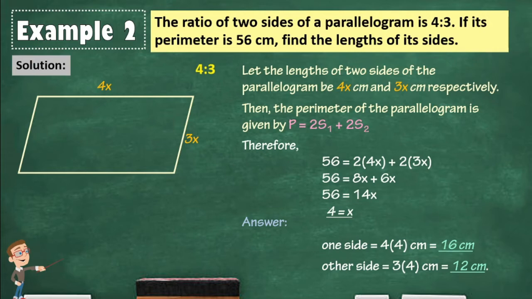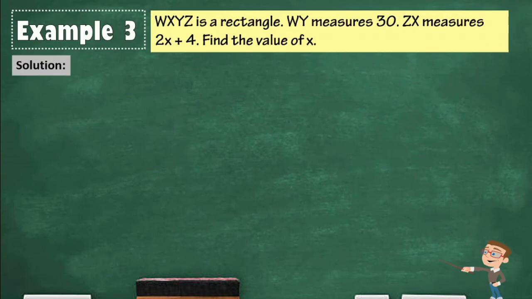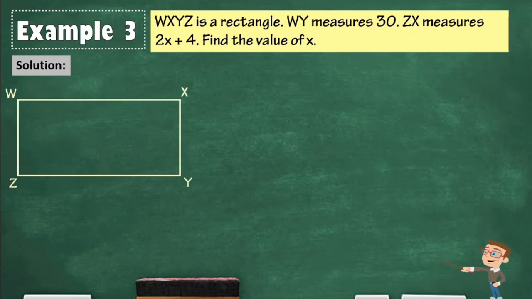That's it. Let us proceed with example number 3. WXYZ is a rectangle. WY measures 30, ZX measures 2x plus 4. Find the value of x. Since we do not have any figure, we can draw our rectangle WXYZ.